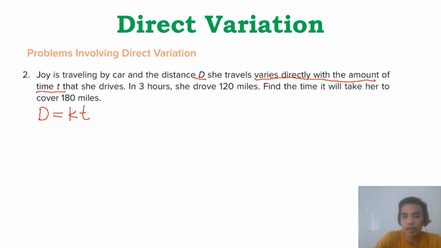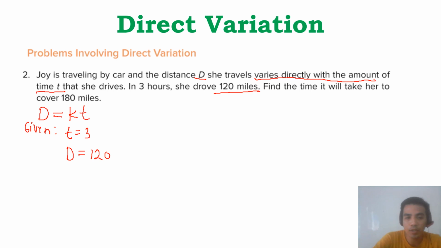So, in 3 hours, she drove 120 miles. 3 hours is the time, and she drove 120 miles, that is our distance. Tama? So, meron tayong t at saka d. So, we can solve for the constant of variation.